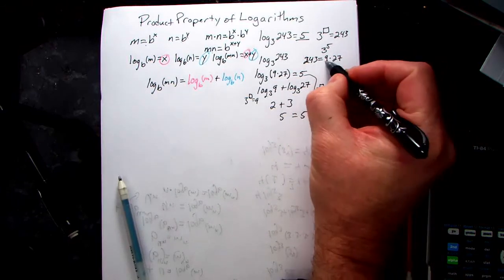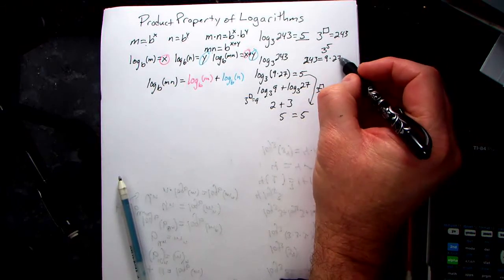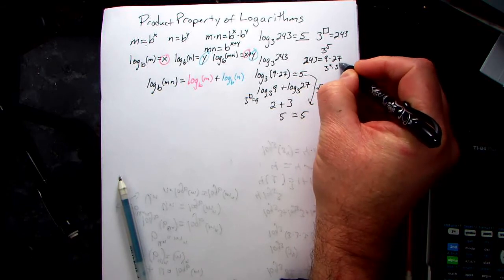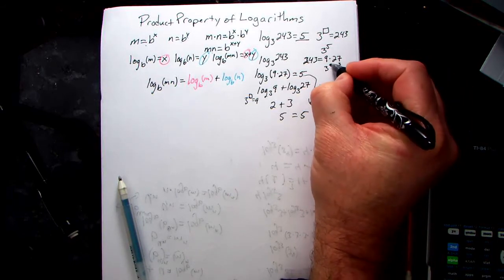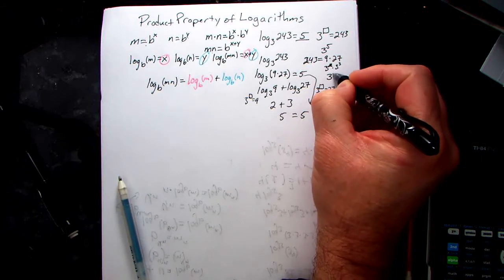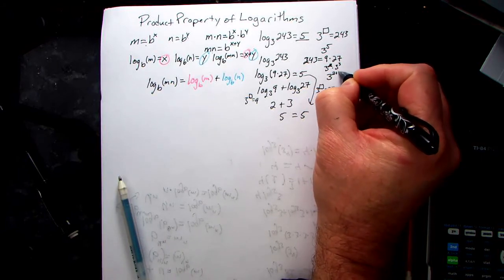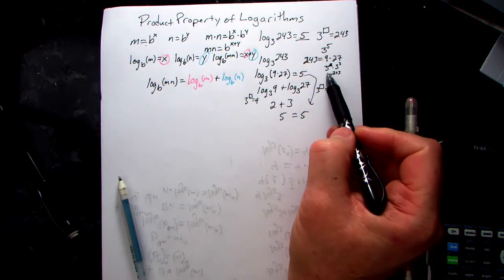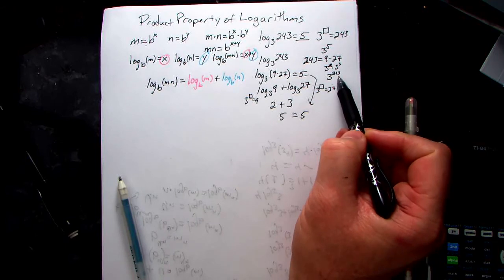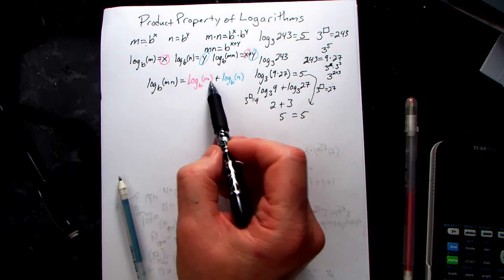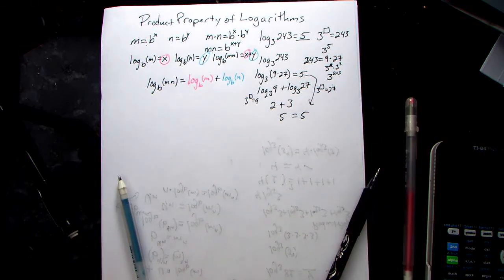If I think of rewriting this as 9 and 27 as 3 squared and 3 to the third, when I multiply those out, I'm going to take the same bases and add the exponents. So when it's a product with the same bases, I add the exponents. Hope that helps a little bit.